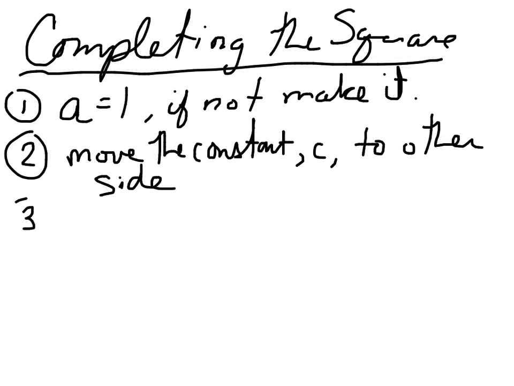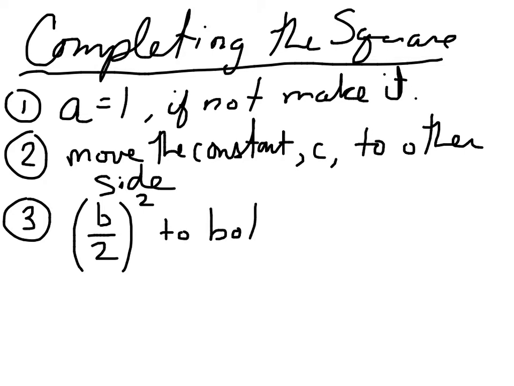Third step, this is where the whole heart of the problem lies. This third step is the most crucial to getting right. If you don't get the third step right, you're going to be wrong for the rest of the problem. So be very careful with it. What you do is you take whatever number's in the b slot, divide it by 2, and then square it, to both sides.